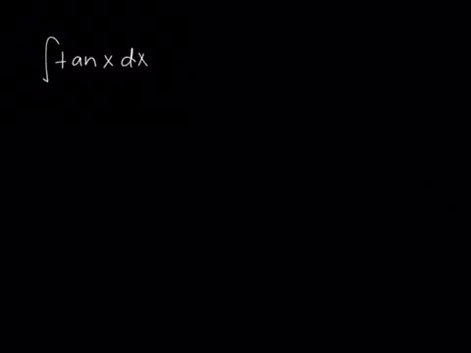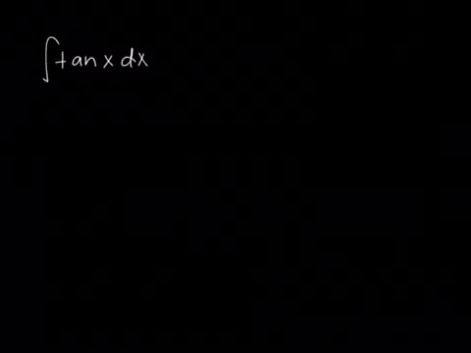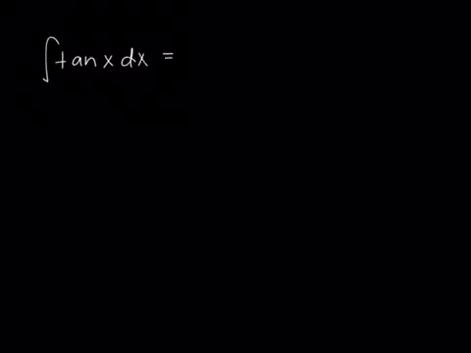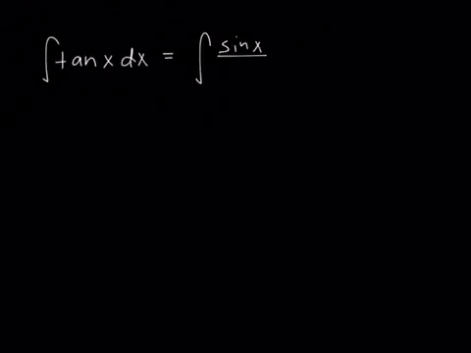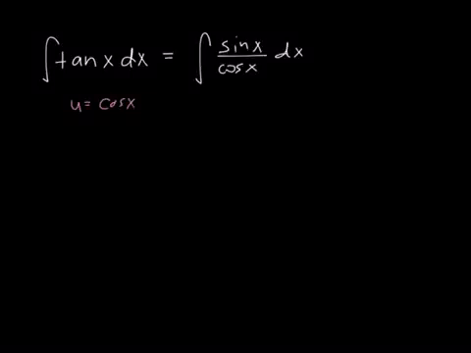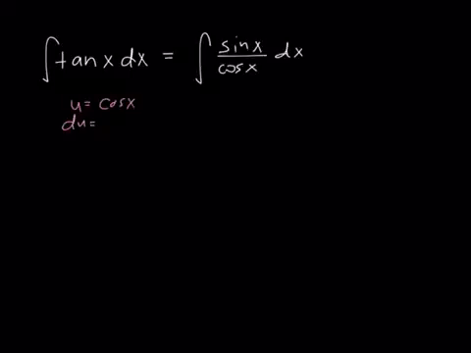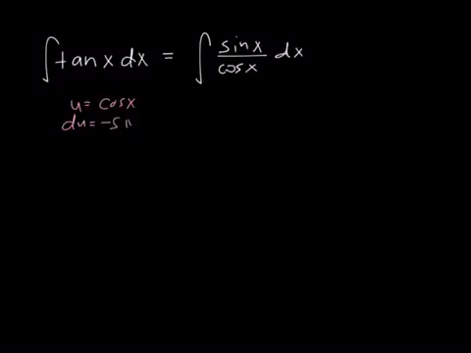So let's go ahead and find the integral of tangent of x dx. And I'm going to do that by saying, oh, that is the integral of sine of x over cosine of x dx. So far, so good. And then I can do a nice u substitution. u equals cosine of x, so that du equals negative sine of x dx.